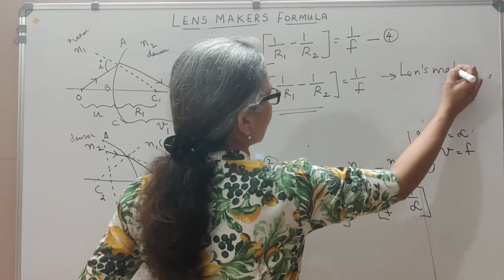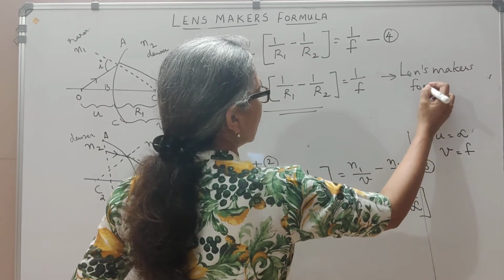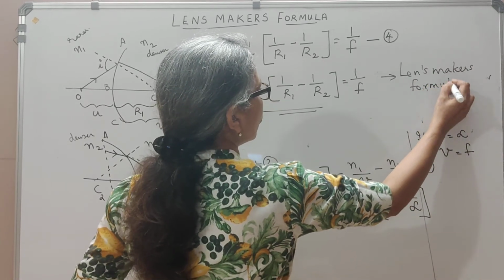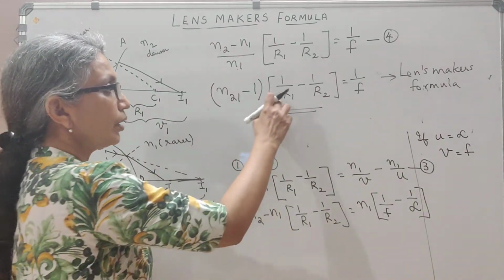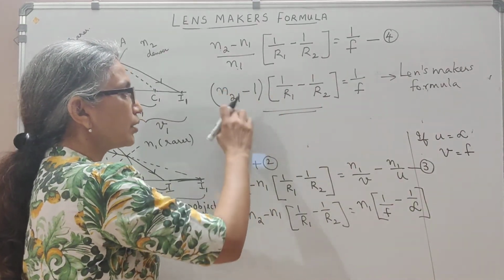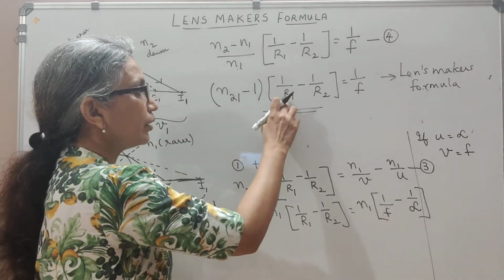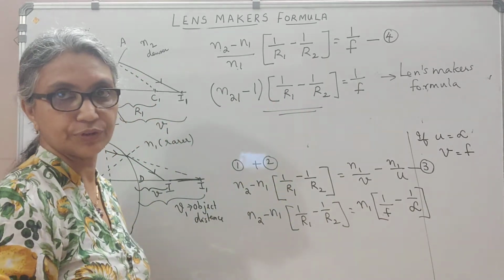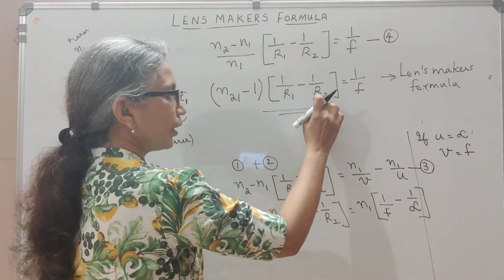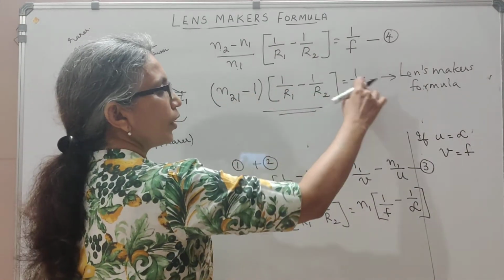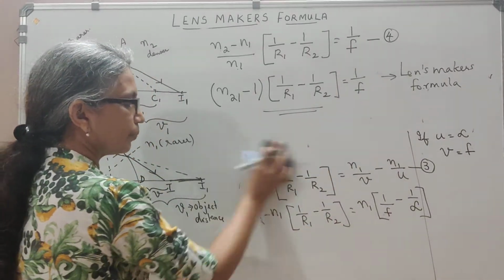Here you can decide upon the focal length of your lens by choosing the right refractive index of the material that you're going to use and the radii of curvature of the two spherical surfaces. By deciding on this R1 and R2 and N21, 1 by F is the power of the lens. You can make your lens of the desired power.